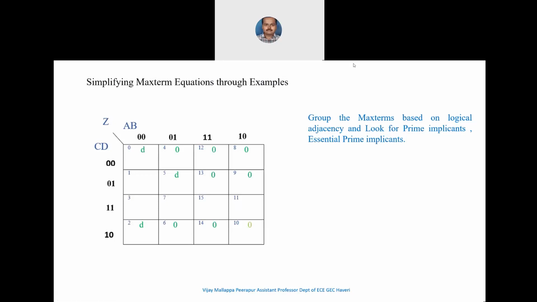Can anyone give the answer in the chat room? Identify the number of prime implicants.